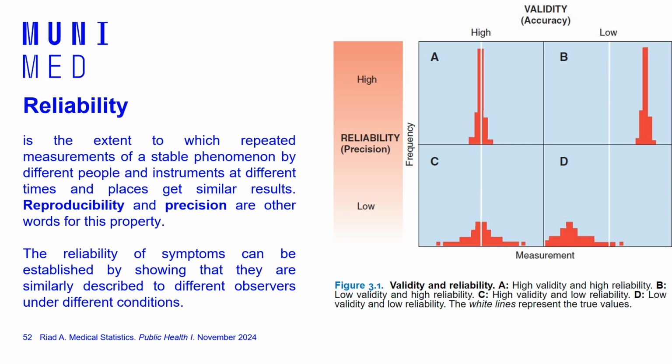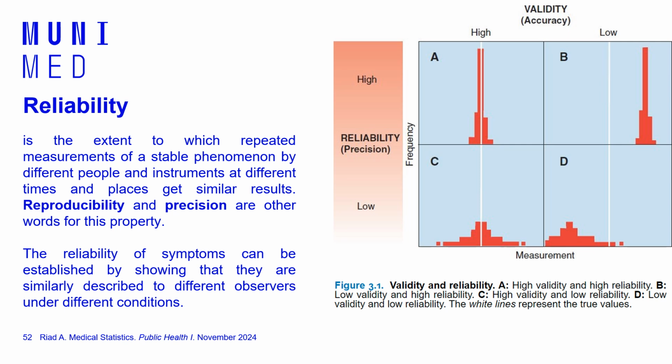High validity because the mean of the scores of the sample corresponds to the white line, so it's accurate. And it has high reliability because the range of the values is very small, so the test gives the same or very similar results every time it's used.